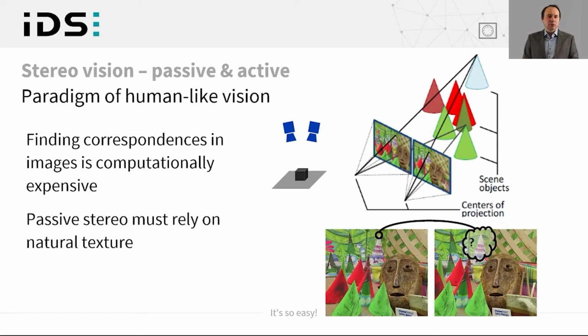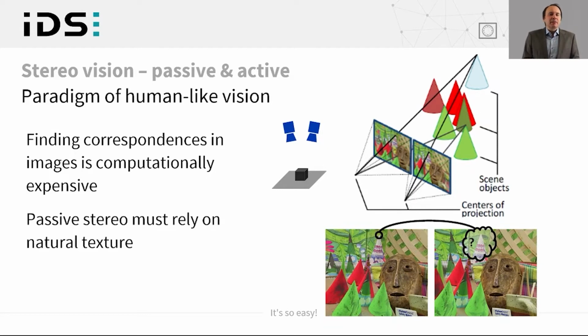You can see on the lower right-hand side, if you start with the left stereo image and you look at the top of this structure, you have to find this same piece in the right-hand image. And once you have done that, you can basically mathematically triangulate and find the distance of this structure in the scene.